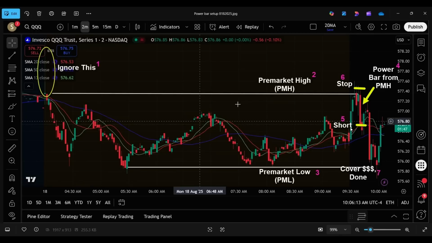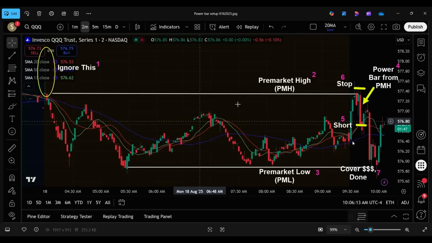And another really good question that I get: what is a power bar? That's a power bar, this green bar, because look how much bigger it is than the other bars around it. It's a simple definition for me. A power bar is bigger than the other bars. That makes it a power bar.